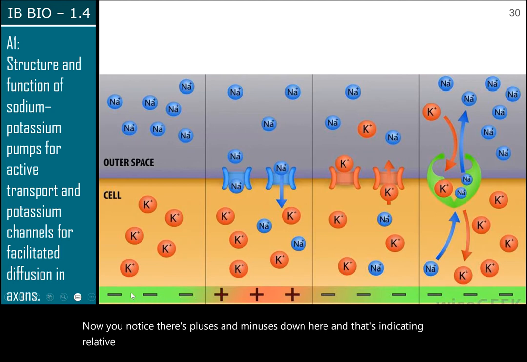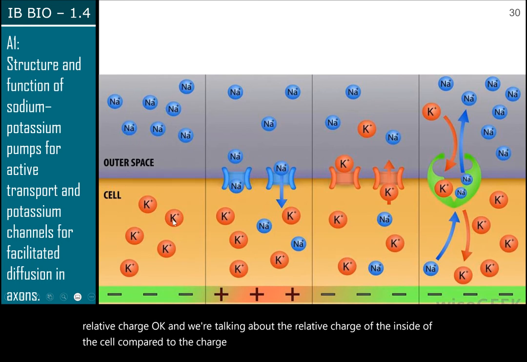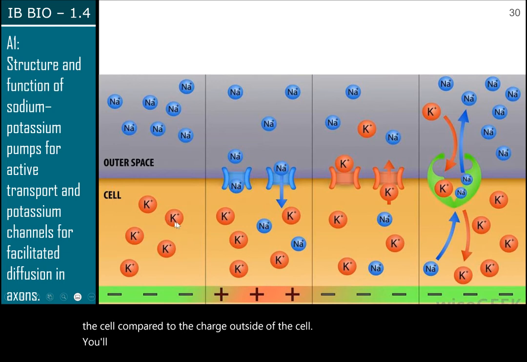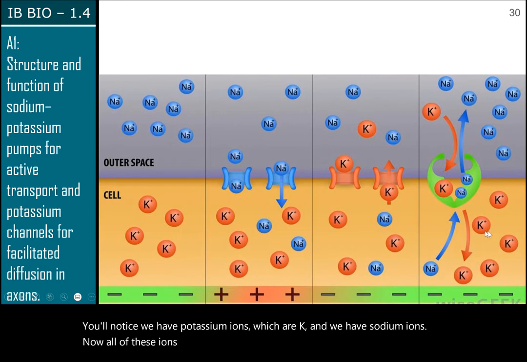We're talking about the relative charge of the inside of the cell compared to the charge outside of the cell. You'll notice we have potassium ions, which are K, and we have sodium ions. Now, all of these ions are positive. We're only moving positive ions around.